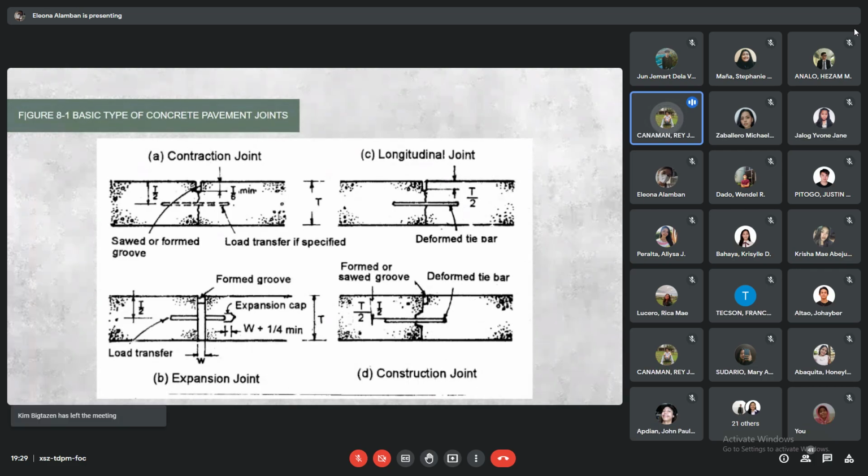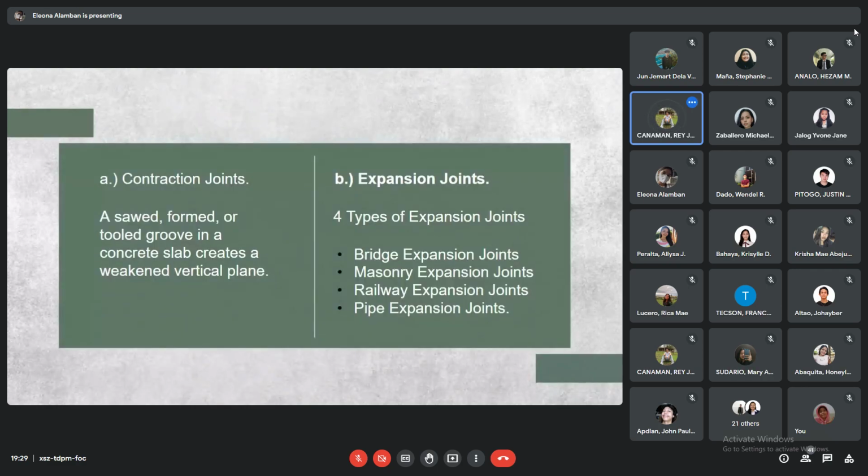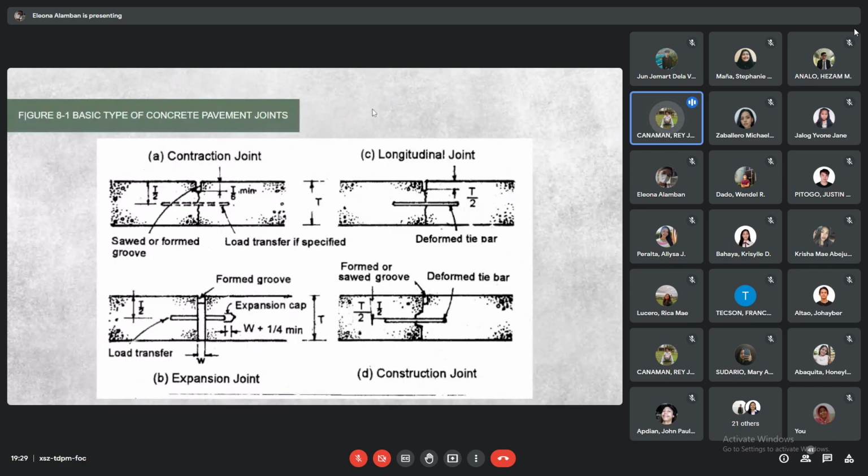A dowel is a cylindrical rod, usually made from wood, plastic or metal, that is used for holding together components of a structure. Dowels are much thicker and sturdier than screws or nails, which makes them perfect for furniture and cabinet making.